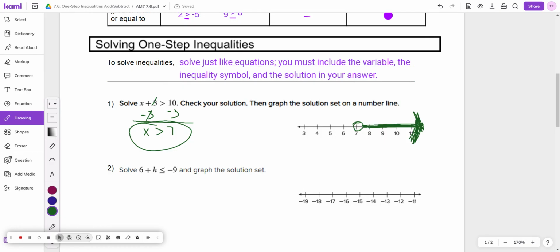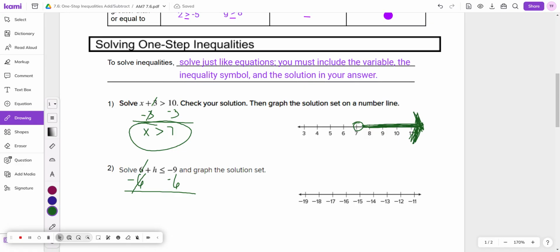So looking at what's going on with the variable, I see that a positive 6 is being added to h. Since that's out in front of the h, I need to think about what I need to add to positive 6 to get me 0. Well, that's going to be negative 6. Or in other words, I'm going to subtract 6. So subtract 6 from both sides.